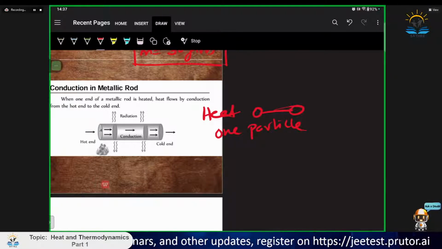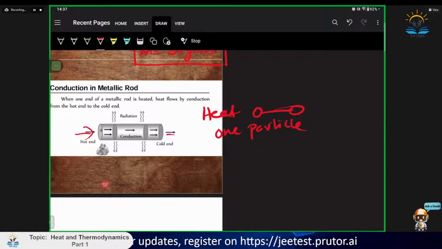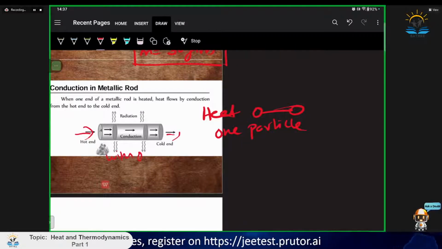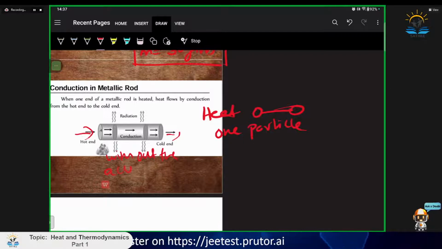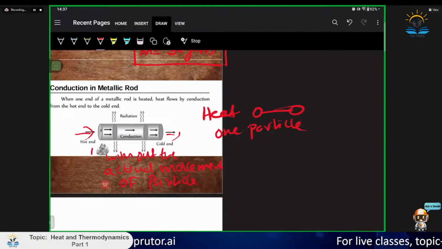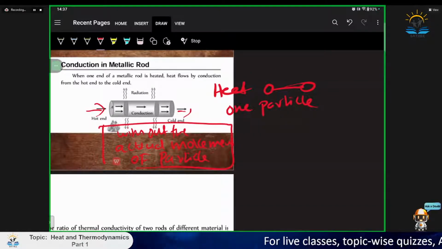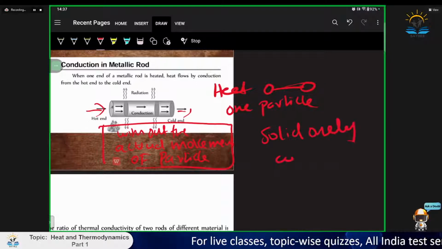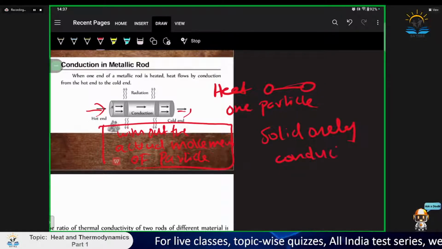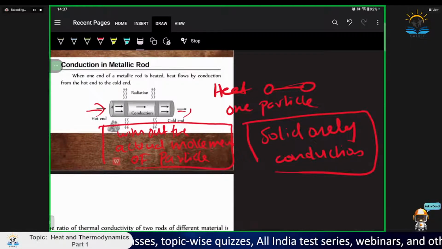So the particle is not moving, heat is moving. Conduction can be seen in solid, liquid and gas, but solid shows only conduction. This much everyone should know.